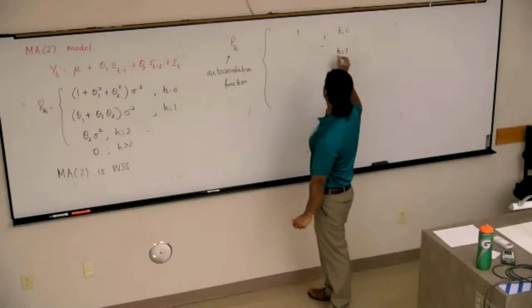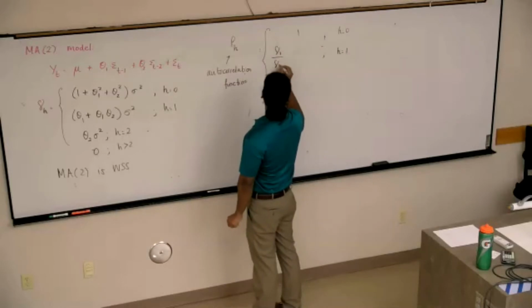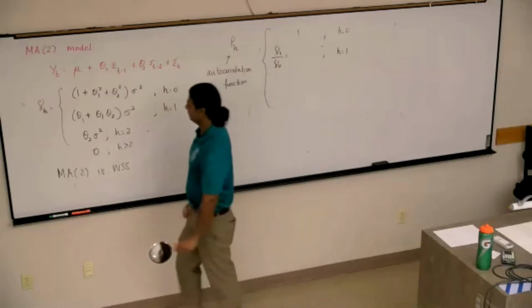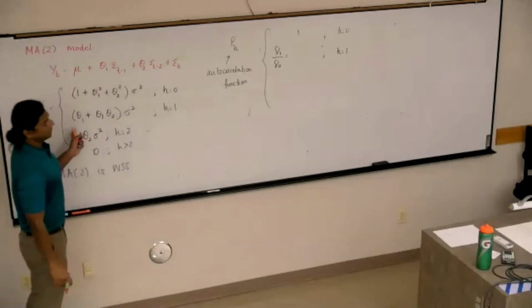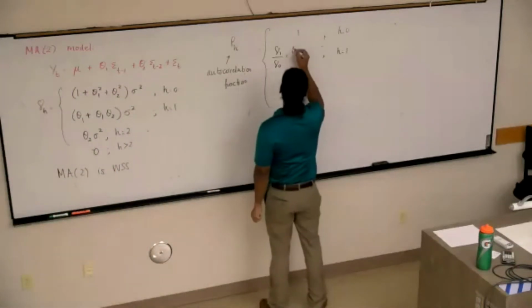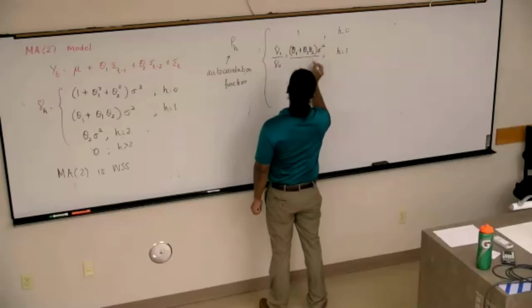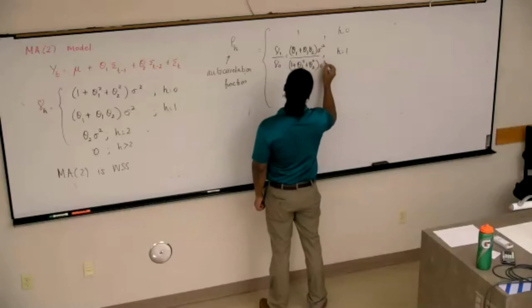When h is 1, it is gamma 1 over gamma 0. Gamma 1 is theta 1 plus theta 1 theta 2, divided by 1 plus theta 1 squared plus theta 2 squared, times sigma squared.